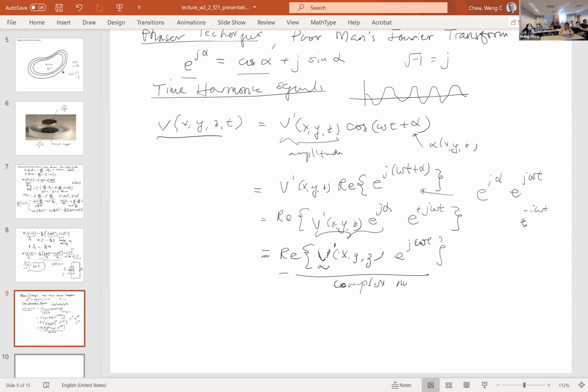Complex number. Okay. And then you can see that this is usually called a phasor.